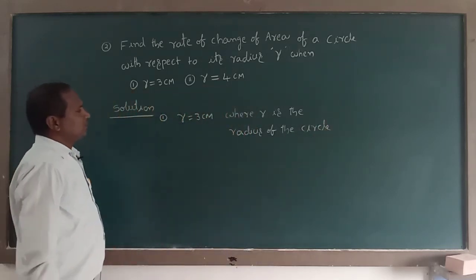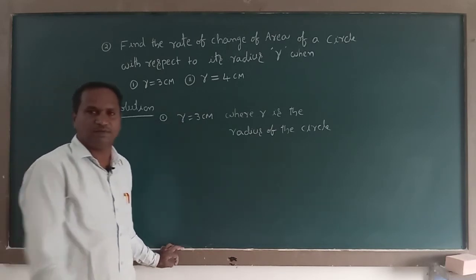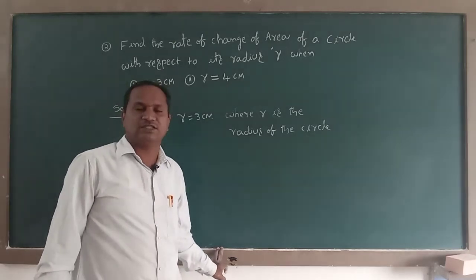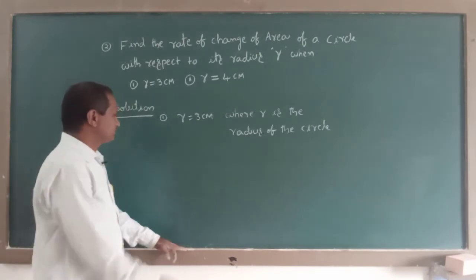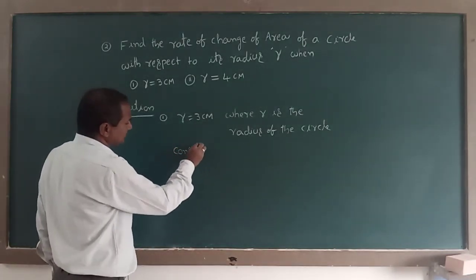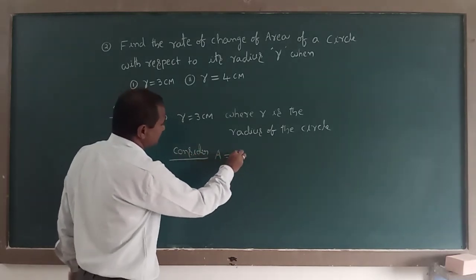Area they are asking, consider what is the area of circle formula, π r square. Area of circle is π r square. Consider A is equal to π r square.